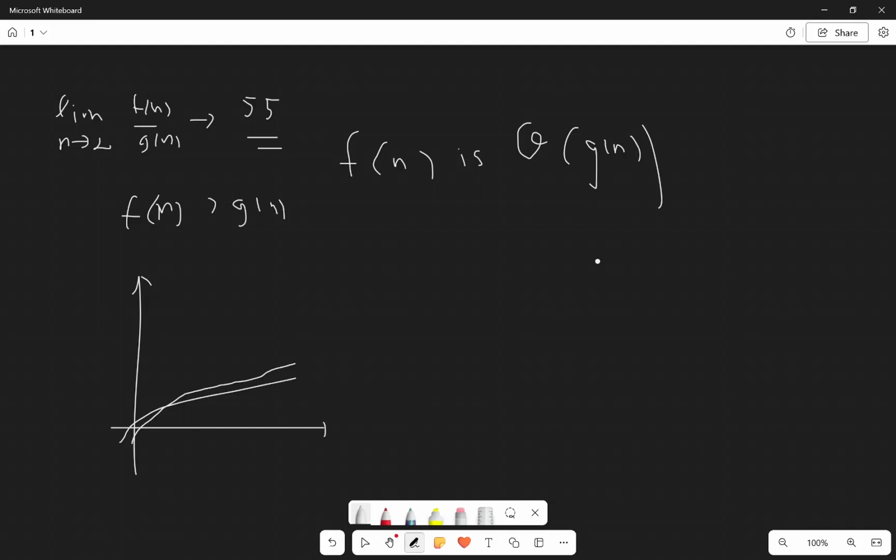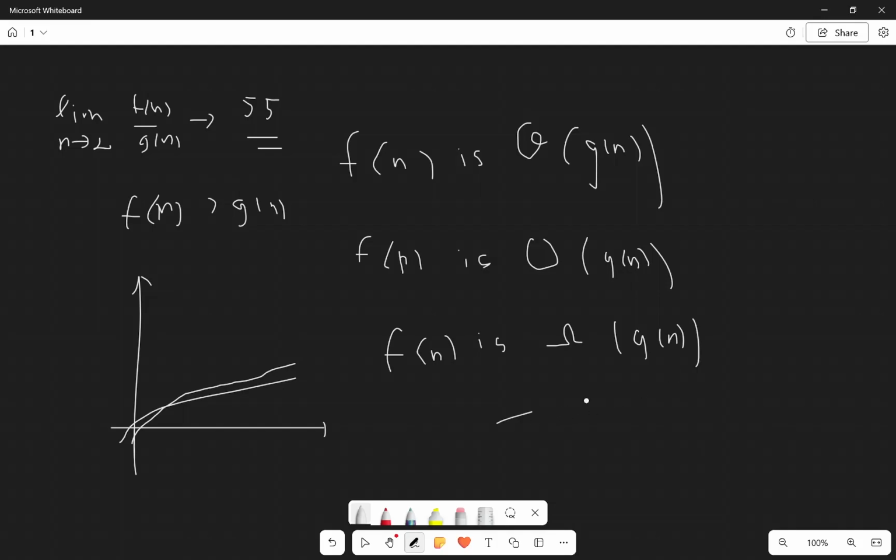And as I mentioned in the previous group, if theta of gn exists, we can use gn for the other two notations as well.